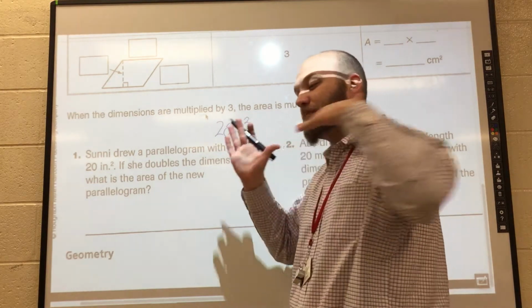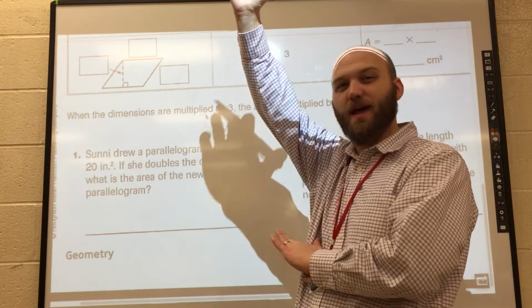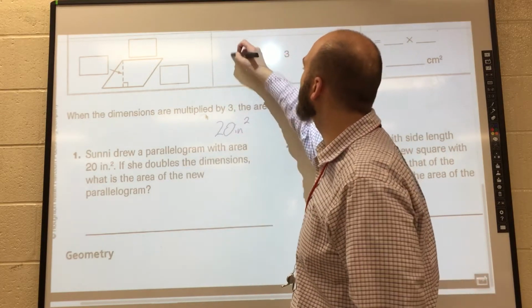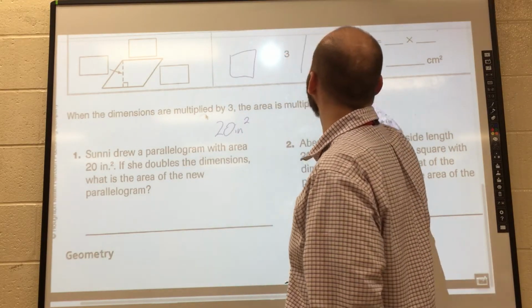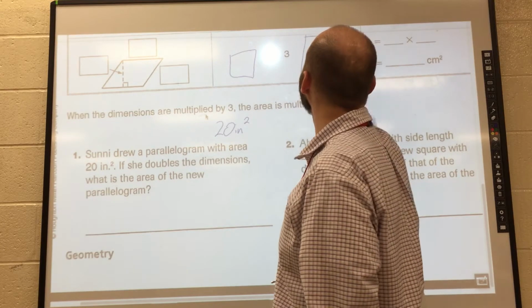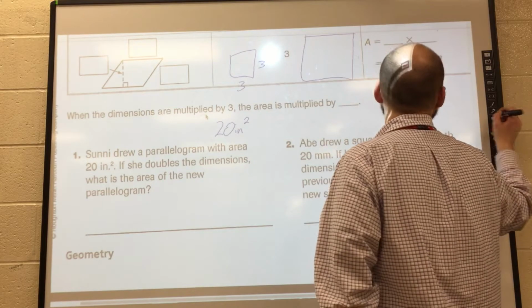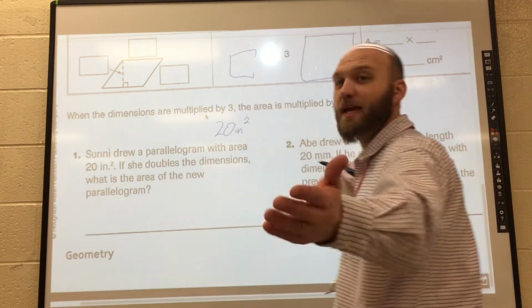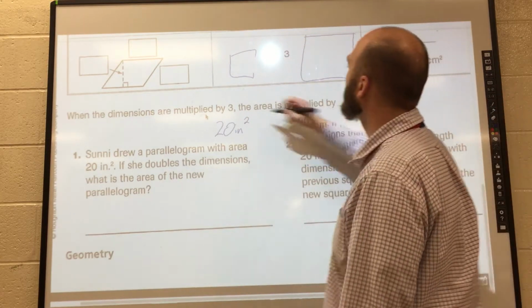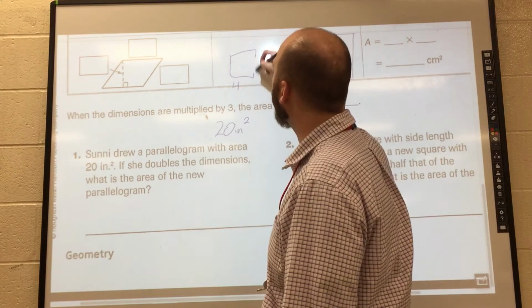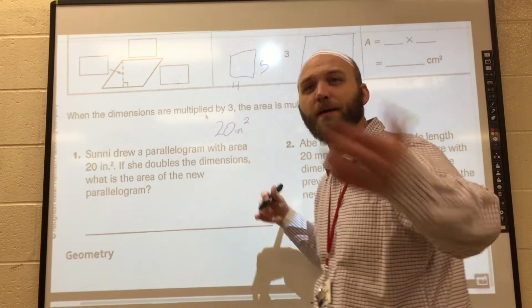I have to double it this way and double it this way, which means, just like my square up here, let's actually use a practical application, parallelogram, and we'll say this is 4 and this is 5. That will give me 20 inches squared, right?